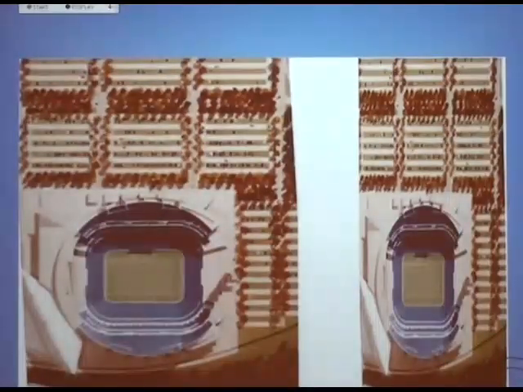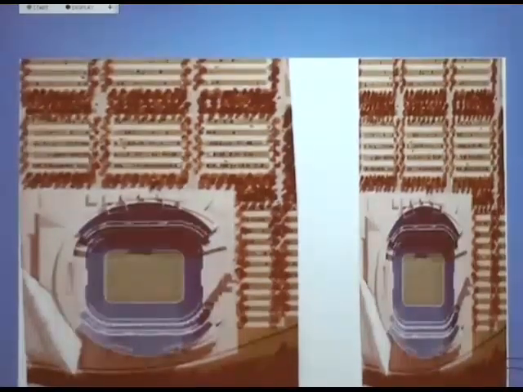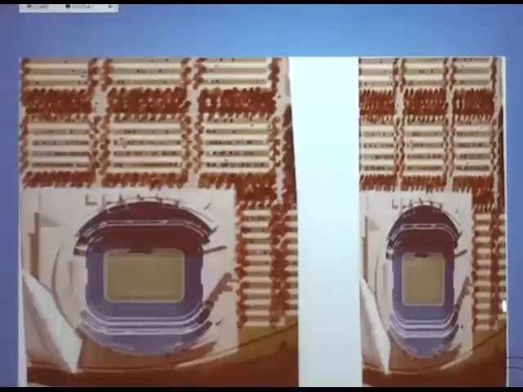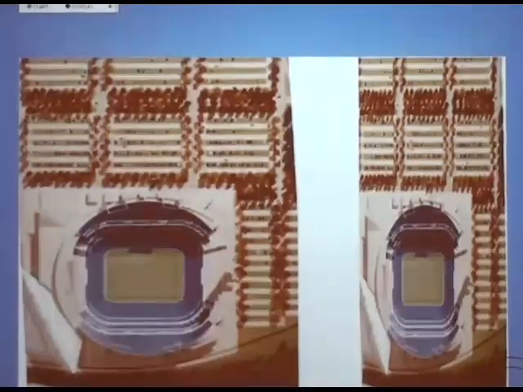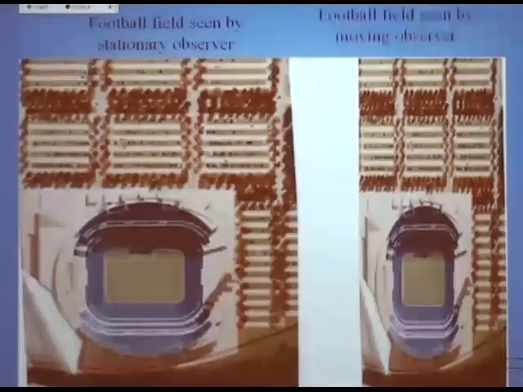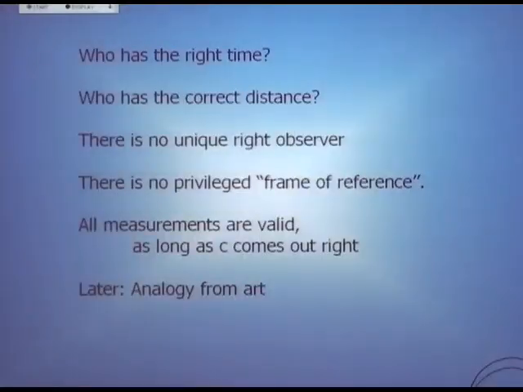So if you happen to be on a spaceship flying over a football field, okay, if you were not moving and you parked a Goodyear balloon on top of the football field, you will see this. But if you're in a spaceship moving very fast and you take a snapshot of the football field when you arrive on top of it, your snapshot will look like that. Okay? The space will be distorted for you. In other words, the whole football field is moving past you, and it'll look like that.